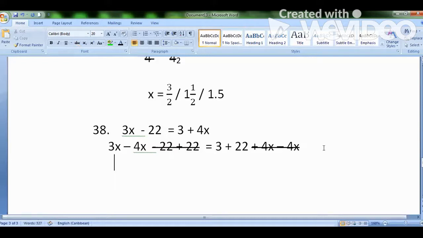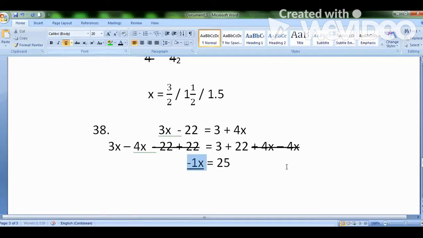All right, so what next? So you're going to have negative 1x. Correct, 25. Correct. But what happened here? Any questions, guys? What's going to happen is that you're going to have to divide both sides by negative 1.